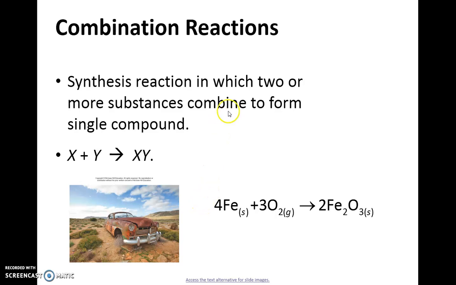Okay, so here's a combination reaction, a synthesis reaction in which 2 or more substances combine to form a single compound. Generally these are just elements, and those elements react and produce a new compound. Here we have iron and oxygen, and when those come together, we produce iron oxide. Or again, rust.